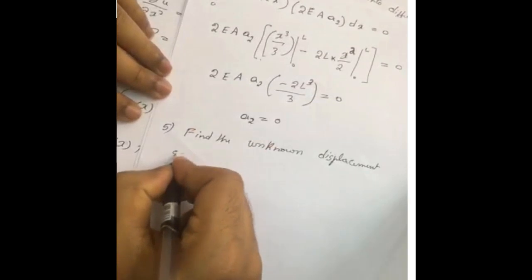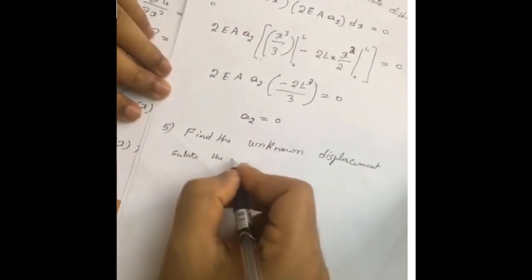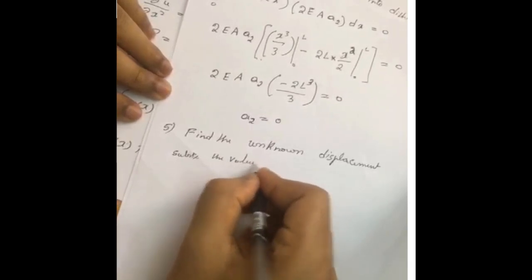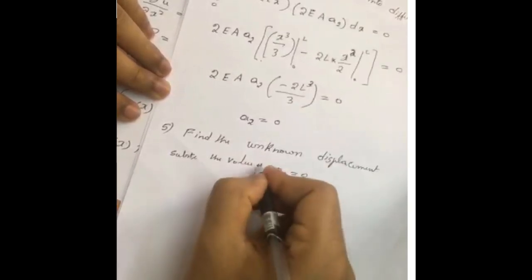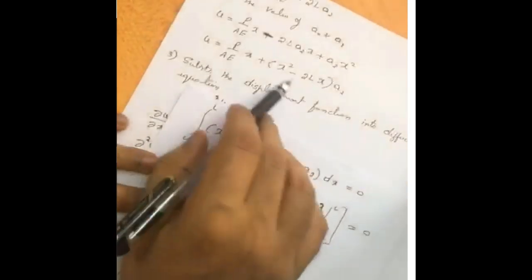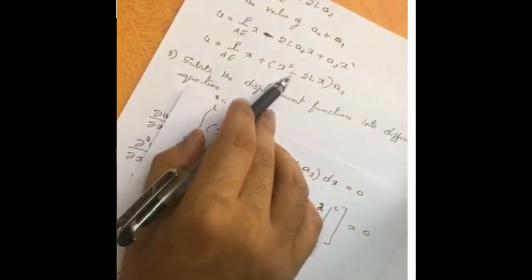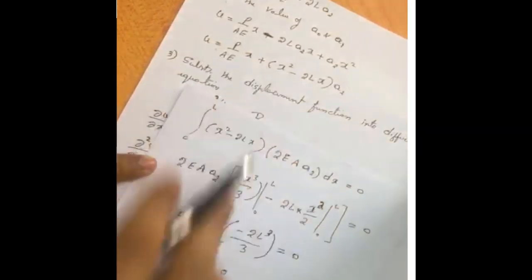So substituting the value of a2 is equal to 0 in the expression we got after applying the boundary conditions.